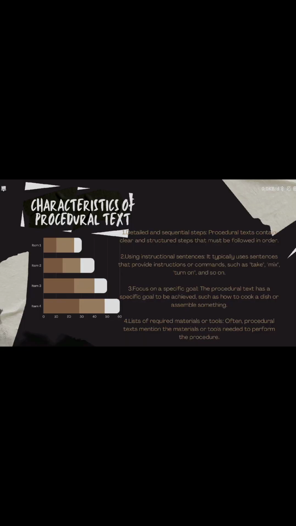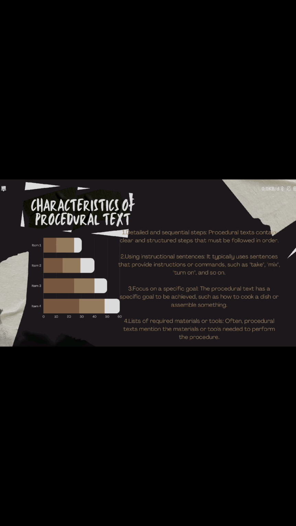And the next is characteristics of procedural text. The first is the title and sequential steps. Procedural text contains clear and structured steps that must be followed in order. The second, using instructional sentences. It typically uses sentences that provide instructions or commands, such as take, mix, turn on, and so on.